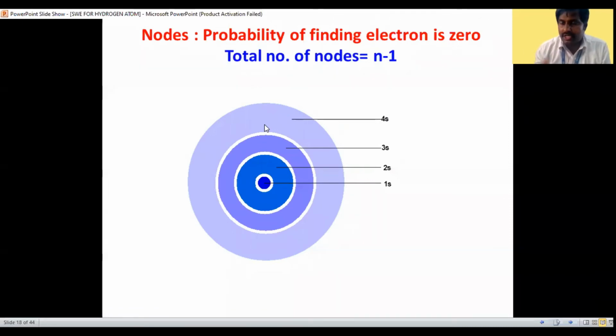Okay, the angular wave function is a constant in this case, and only the radial wave function changes as n goes from 1 to 2, 2 to 3, 3 to 4. Even the nodes: the total nodes for the 1s orbital will be 0, the 2s orbital will have 1 radial node, 3s will have 2, and similarly 4s will have 3.